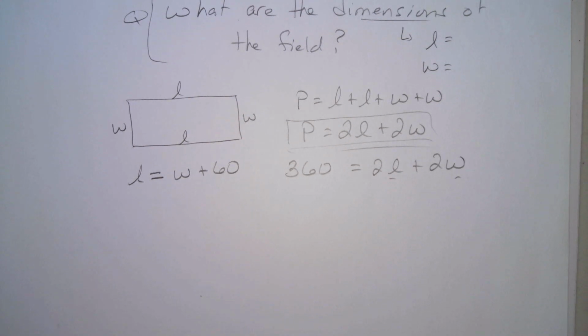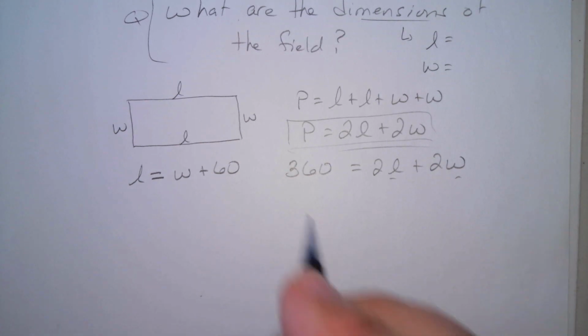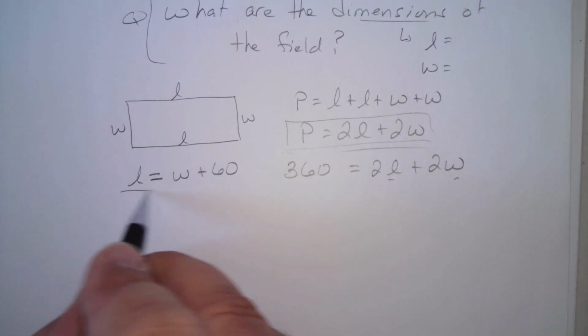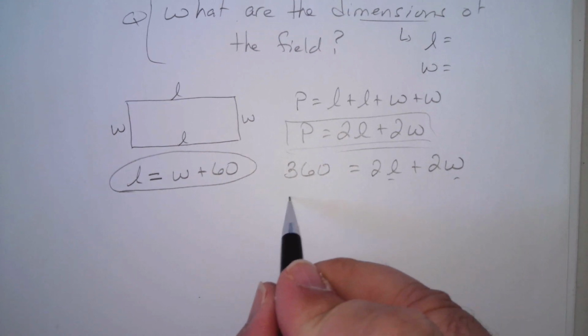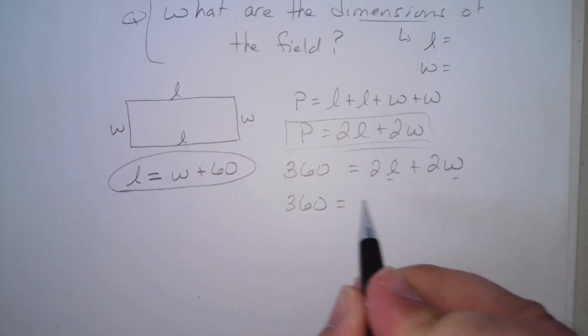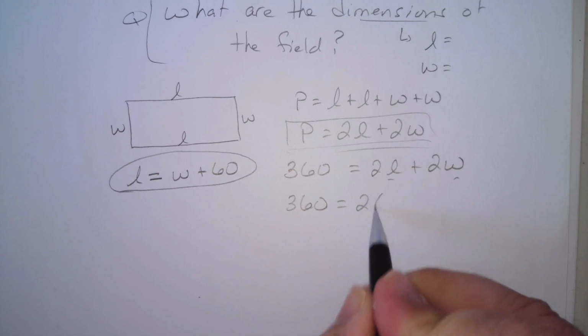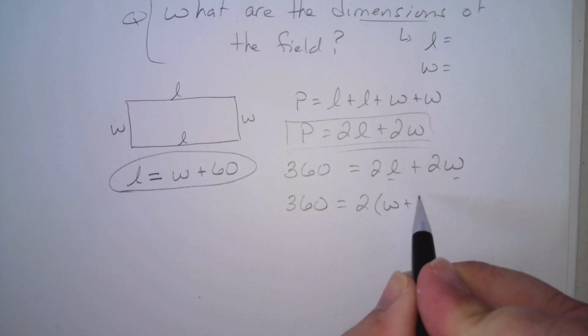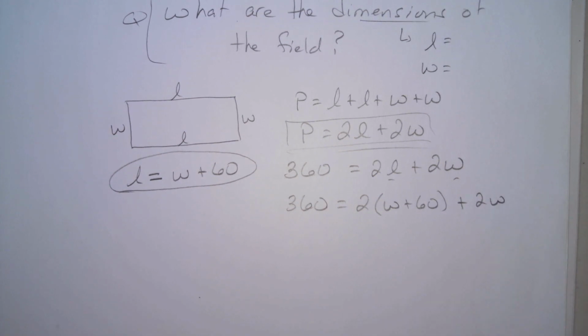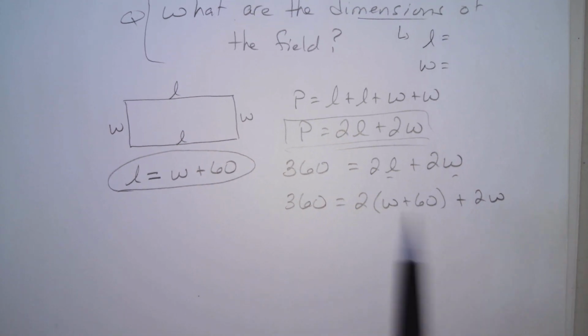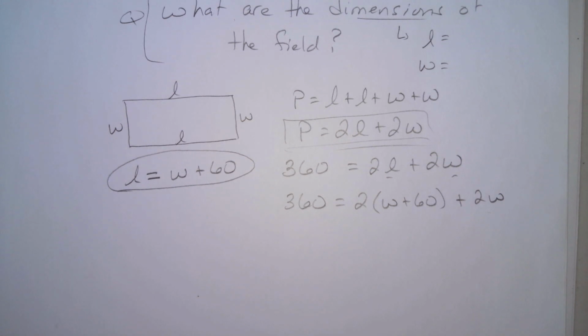Okay, so we know now we have that formula. So anywhere we see an L, we put that formula. 360, here's an L, so it's W plus 60. So we have one equation and only one letter.